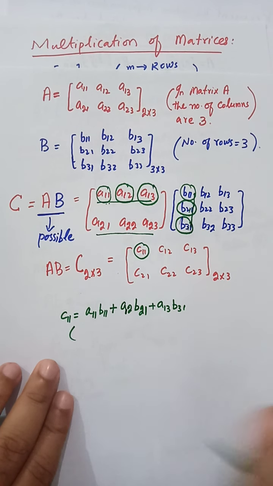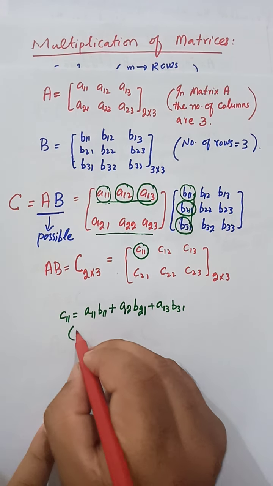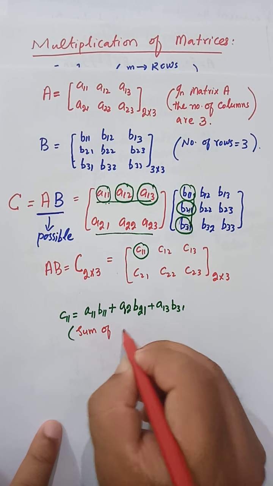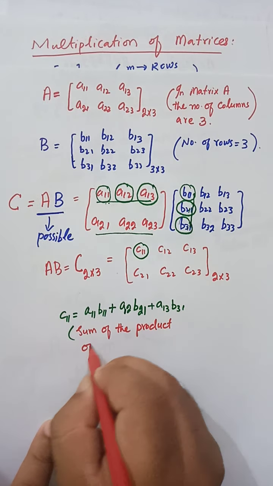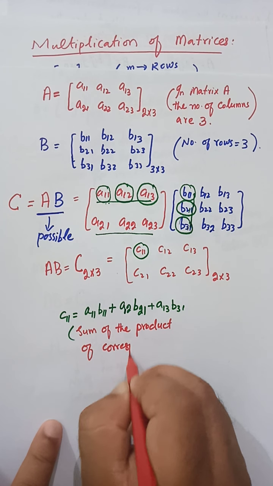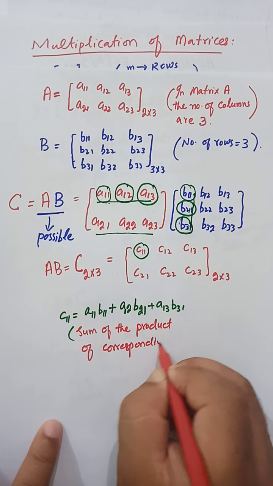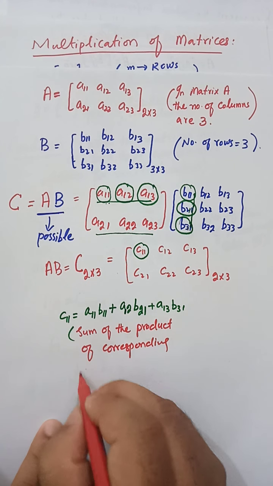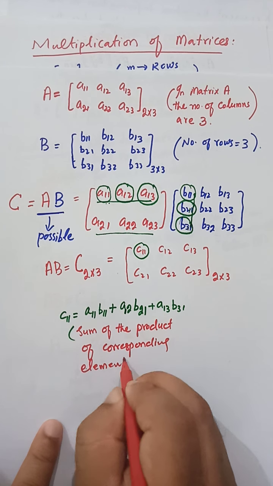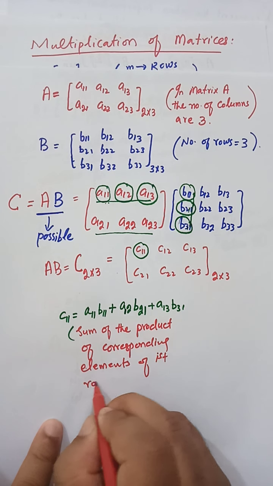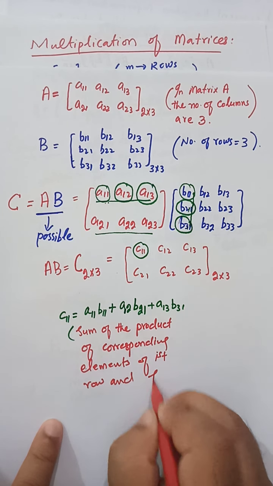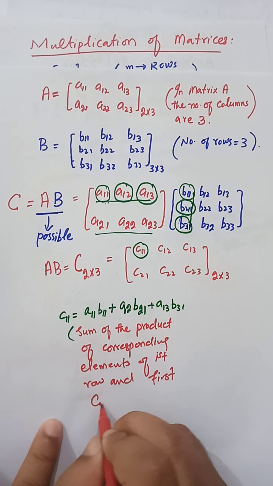So this is the sum of the products of corresponding elements of the first row and first column.